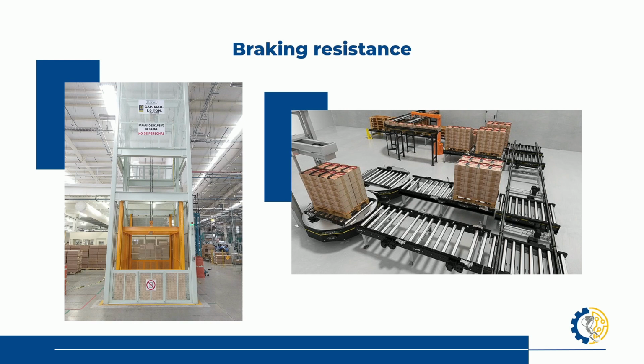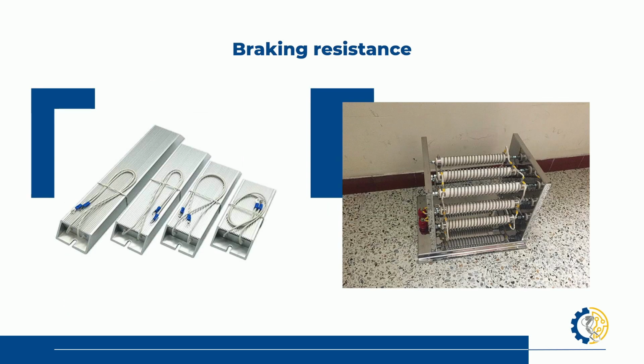And our brake resistance, which is also called dynamic resistance, is used when the brake path is much shorter. Now, how do they work? Well, what does it look like here? They basically look like this.